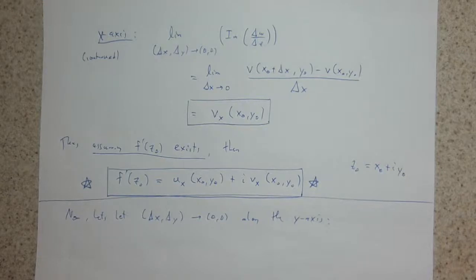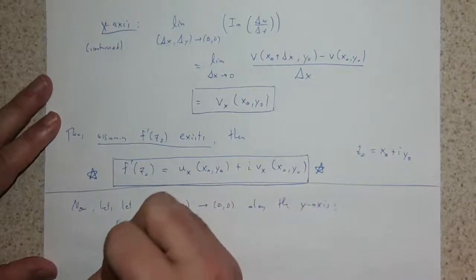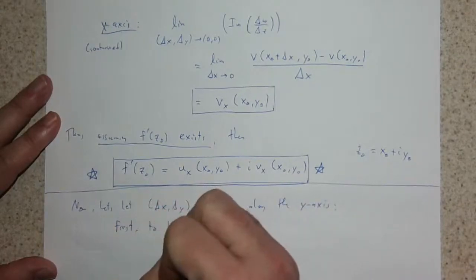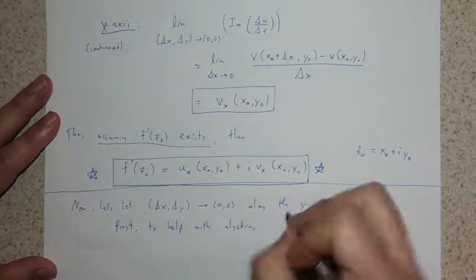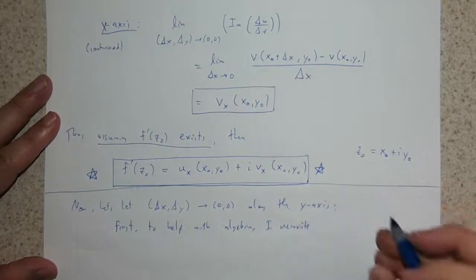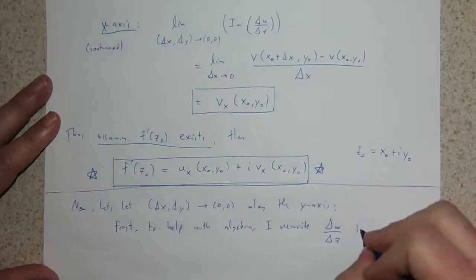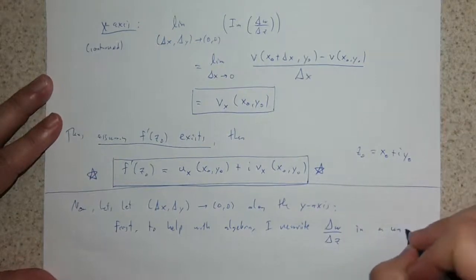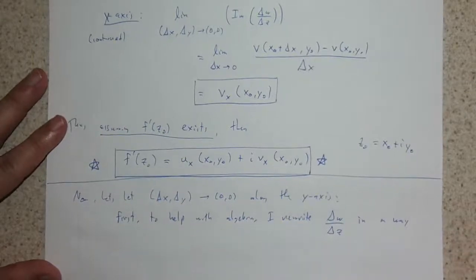First, to help with algebra, I rewrite delta w over delta z in a way given by the following.